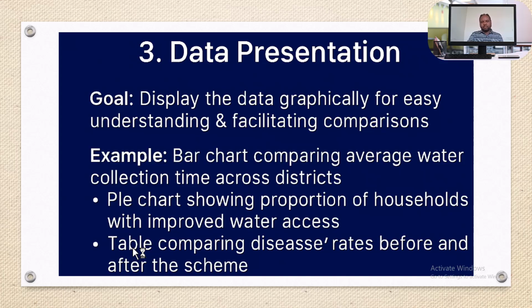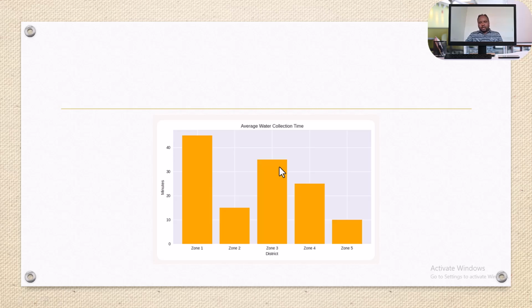For example, let us see the bar charts. We try to present the average water collection time across the 5 districts in the region. So from this, we can easily understand that the highest average water collection time was apparent in zone 1, the next zone 3, right?